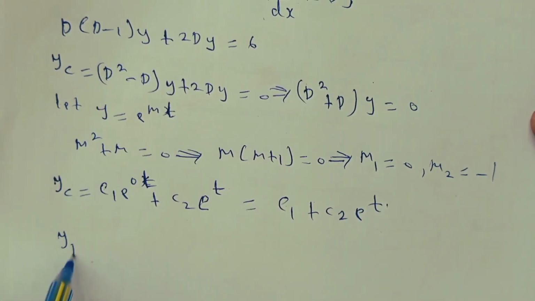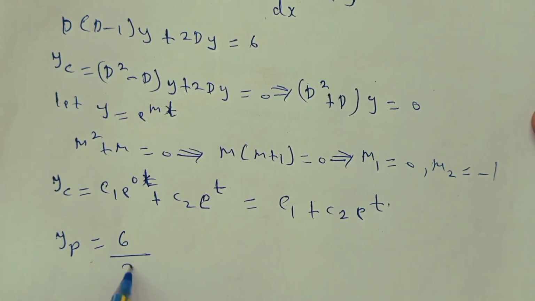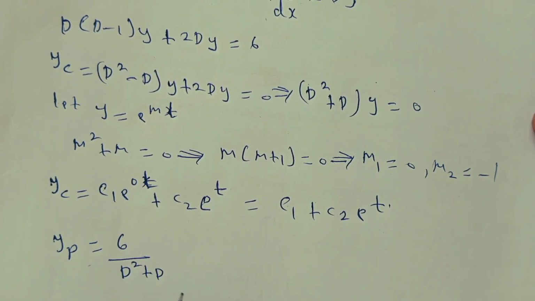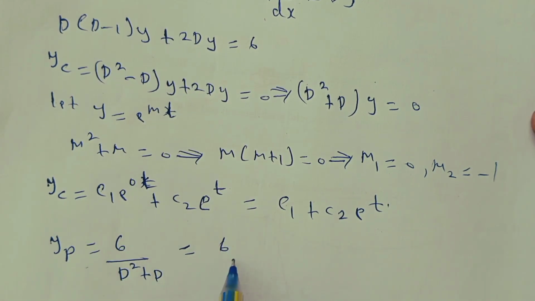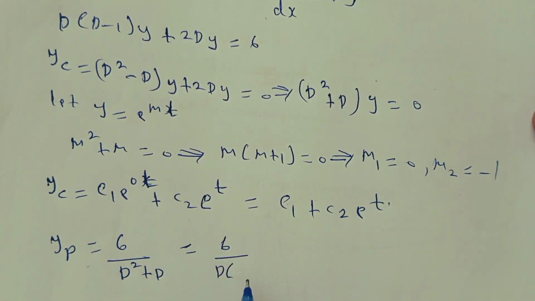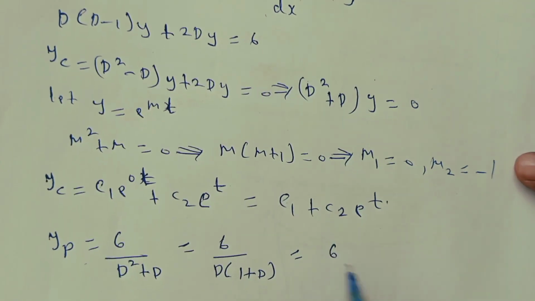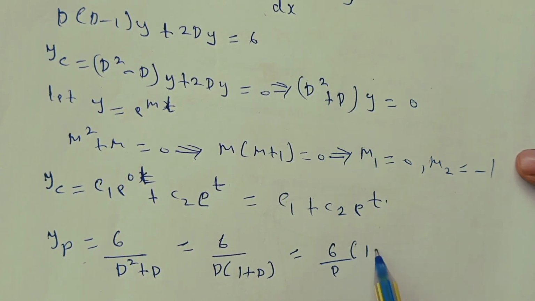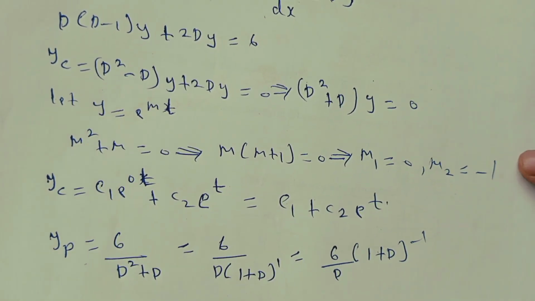Our y particular will be given by 6 divided by D squared plus D, which we can factor D in the denominator to be left with 6 over D into bracket 1 plus D, whereby we can write it as 6 over D into bracket 1 plus D power 1. This is like power -1.